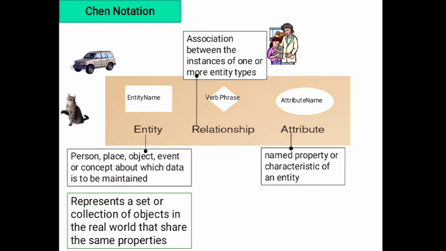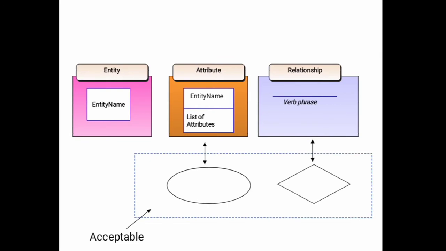Here is a diagrammatic representation. An entity is drawn in a rectangle form, whereas a relationship is in a diamond form, and attributes are in an ellipse form. Here are the symbols: the entity name, the ellipses listing the attributes, whereas a relationship is shown in a diamond form.